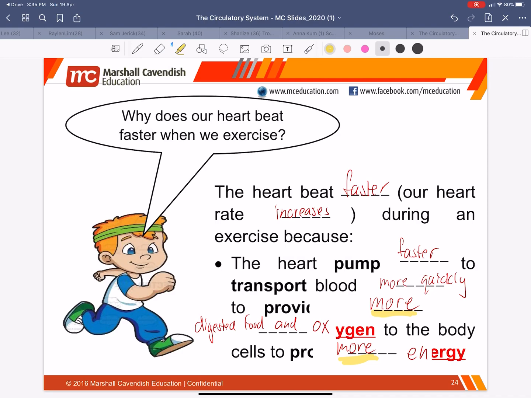So if your answer just goes, oh, this is so that the heart pump to transport blood in order to supply oxygen and digested food for the cells to produce energy. This is wrong because you're telling me that normally this person doesn't need energy at all. Your cells don't respire at all. They don't produce any energy. That's wrong. Alright, so therefore the word more is very important.